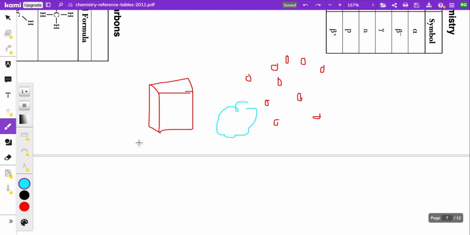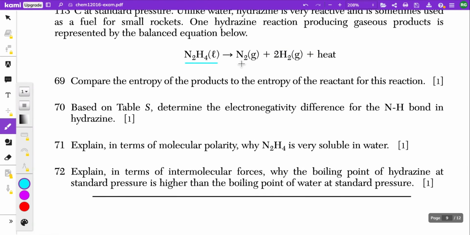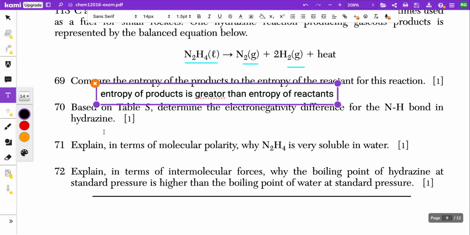So in this case, we're going from a liquid to a gas, and a gas has a higher entropy than a liquid. So you would say that the entropy of the products is greater than the entropy of the reactants.